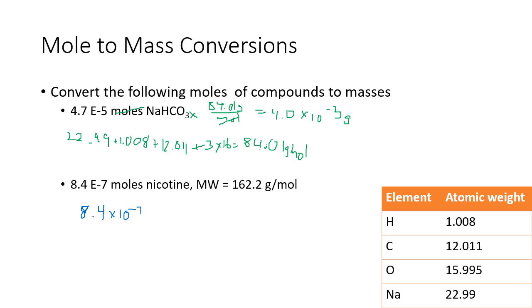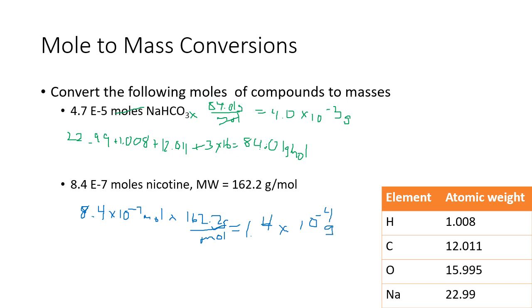And then we just multiply by molecular weight, which in this case is 162.2 grams over moles. What does that equal? All right, I get 1.4 times 10 to the negative 4th grams of nicotine.